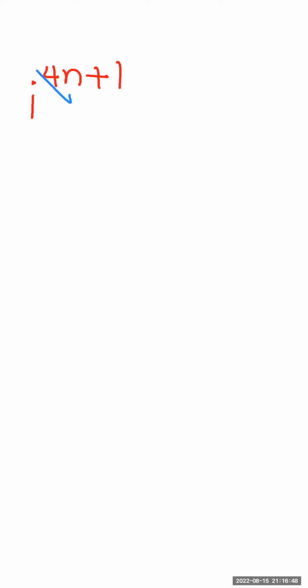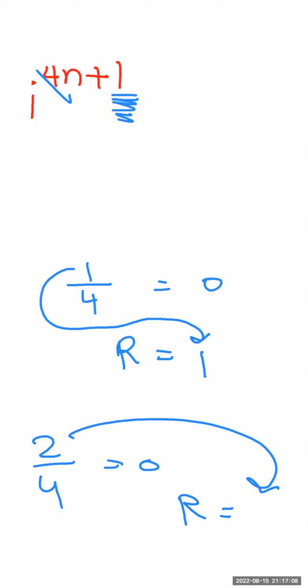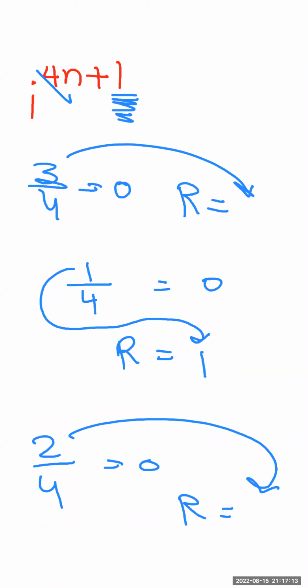But what about this number divided by 4? 1 over 4 equals 0, and the remainder equals this one, right? 2 over 4 equals 0 also, and the remainder equals 2. 3 over 4 equals 0, and the remainder equals 3. 4 over 4 equals 1, and the remainder equals, of course, 0, correct?